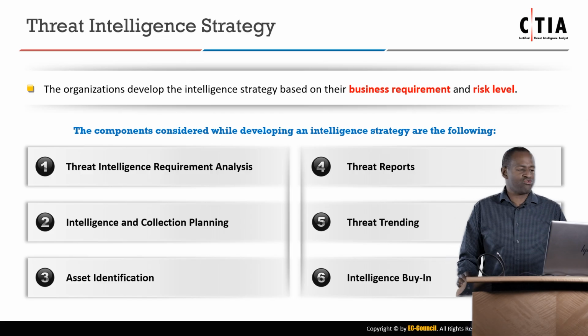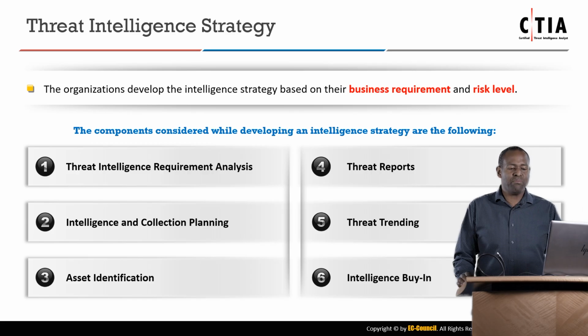So what about strategy? The organizations develop the intelligence strategy based upon their business requirements and their risk level. So really, those two are going to drive our strategy, specifically risk level. These both work together.